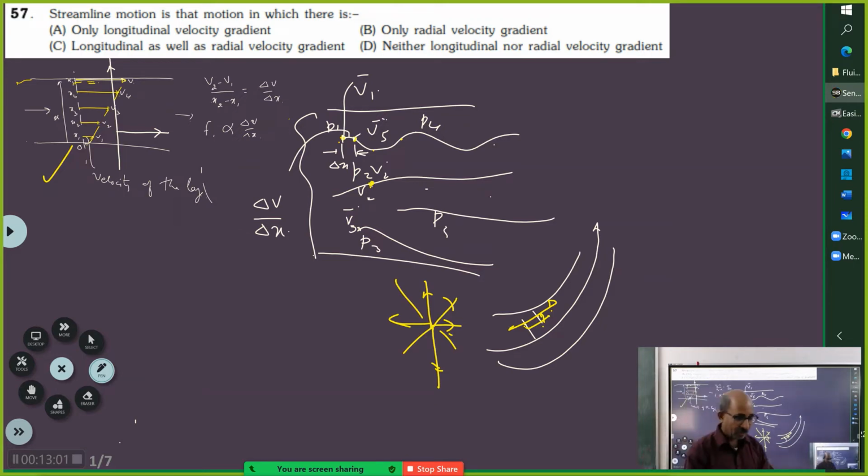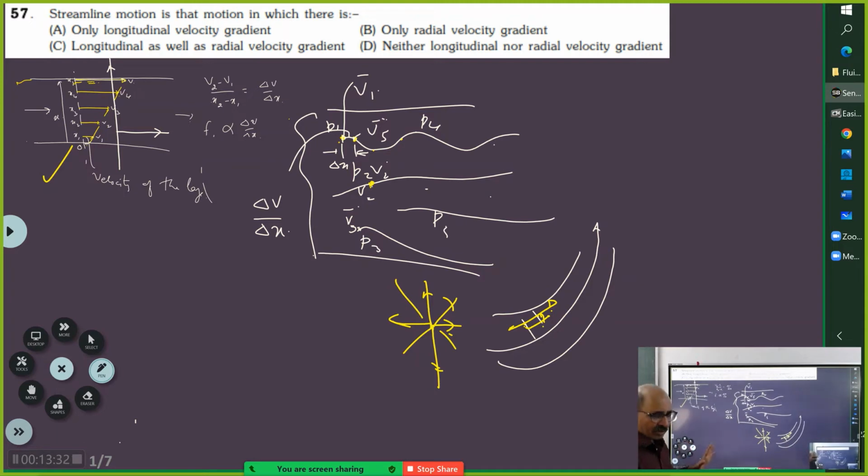Listen here. Now, when we are defining streamline motion, we are saying the fluid is flowing here like this. It's not that it is diverging from a point or something like that. Correct? So therefore the answer is A. Do you all agree? Sir, also when we are defining streamline motion, we are considering steady flow.